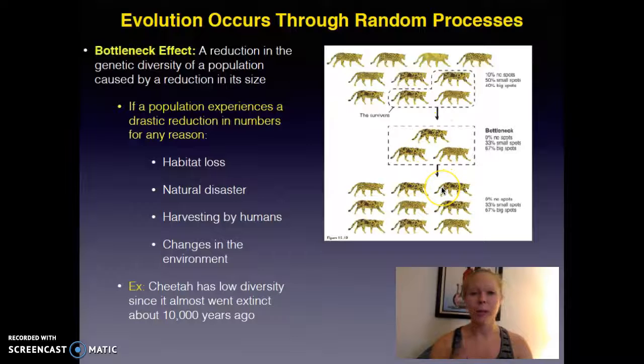So even if these few cheetahs reproduce and reproduce, it's going to take millions and millions of years to get more genetic diversity. So over the 10,000 years or so of reproduction within cheetahs, there's still very limited genetic diversity.